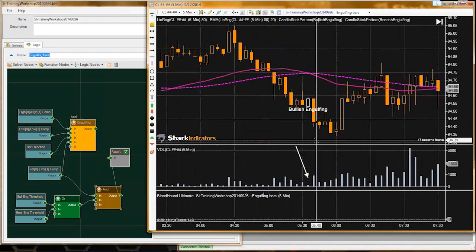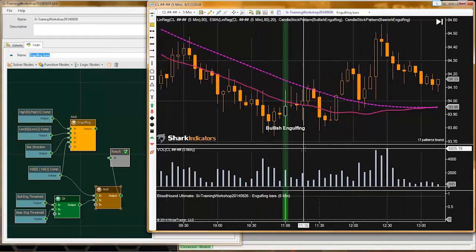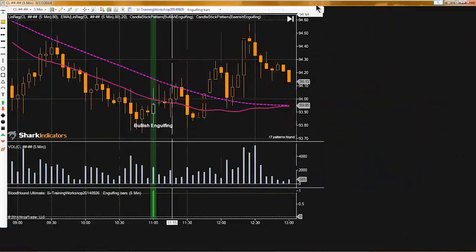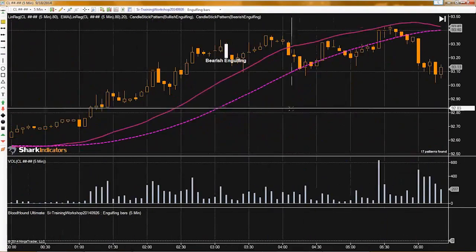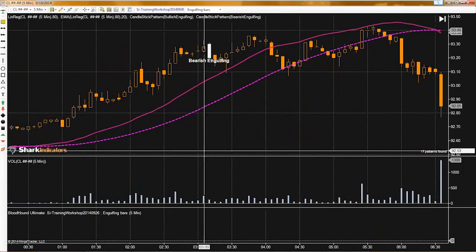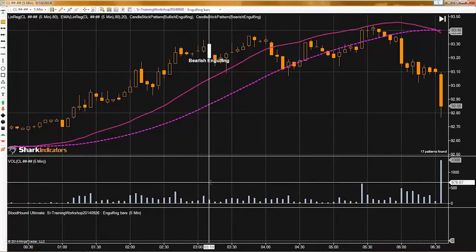So now there's no signal there, right? And this one worked out okay. And I got rid of this bearish engulfing here because the volume requirement wasn't met. So you look at the crosshairs there.